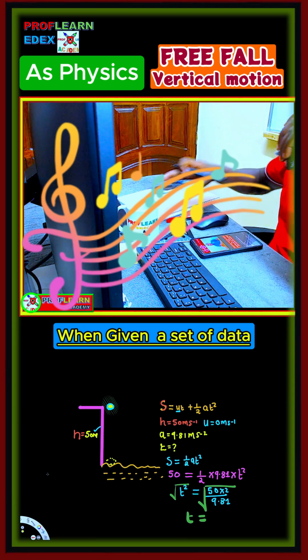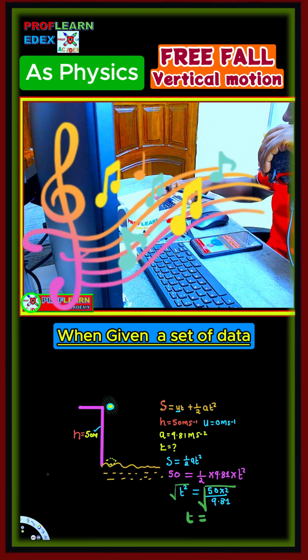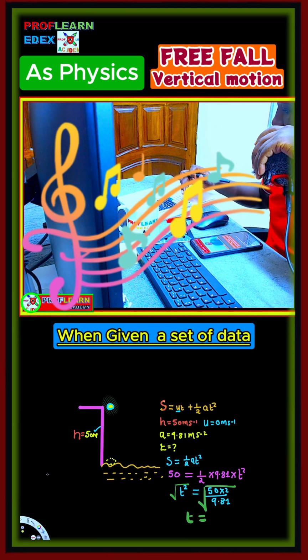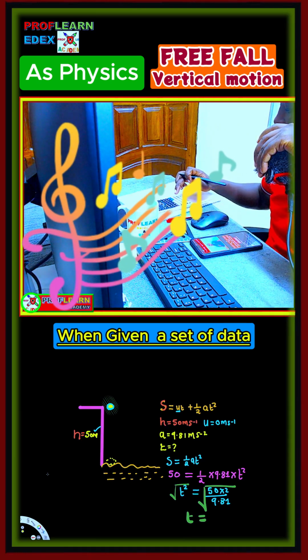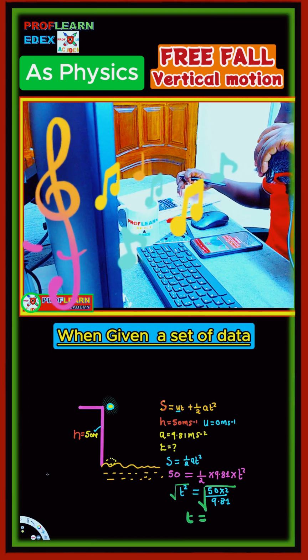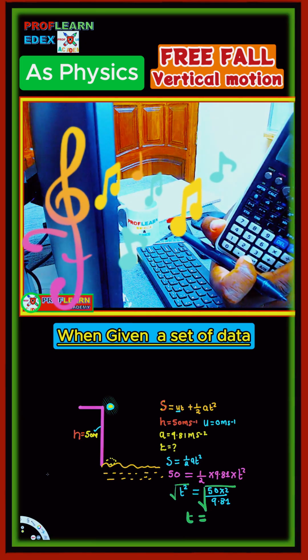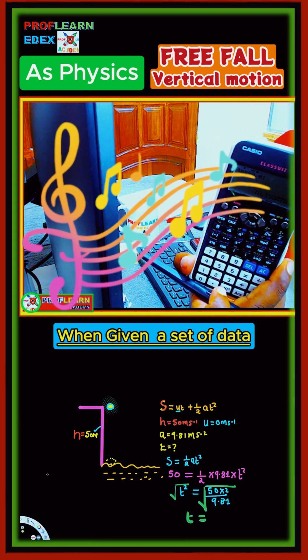Now we're going to use our calculator. 50 times 2 gives us 100, then divide by 9.81. We get 10.19 as our answer at this point.